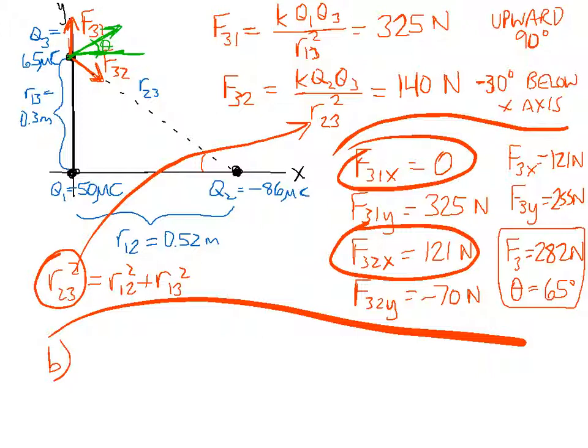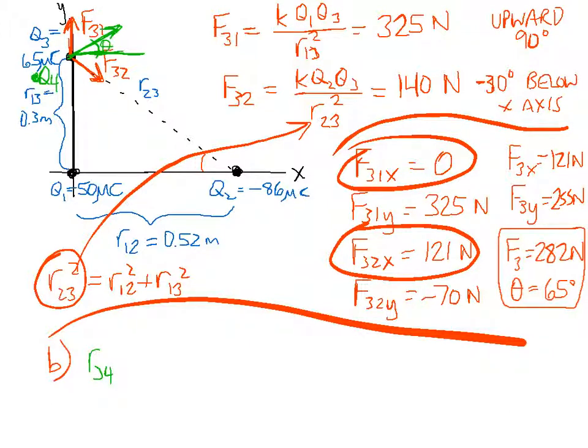Since it's a negative charge that we're placing, and Q3 is a positive charge, they would attract each other, so we want to actually place that charge somewhere around here. So that will be the Q4, so that it attracts the Q3 toward it enough, hopefully, to cancel out this force exactly.